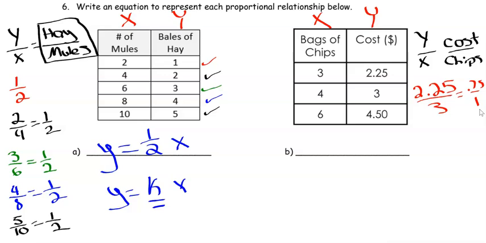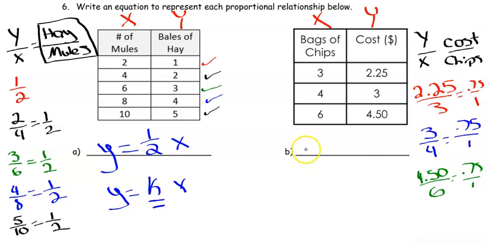Now we're going to do the same thing with the next two situations. Each time we receive a constant ratio of 75 cents per bag, or 0.75 over 1. The cost is proportional to the number of bags. So the equation is y = 0.75x.